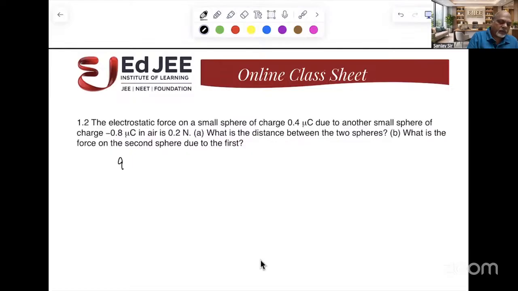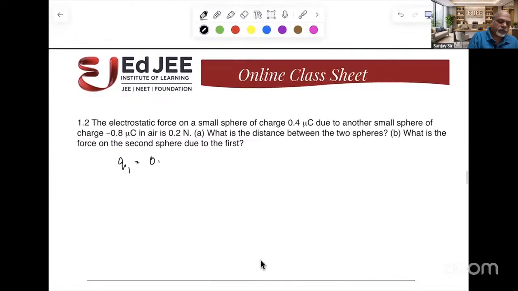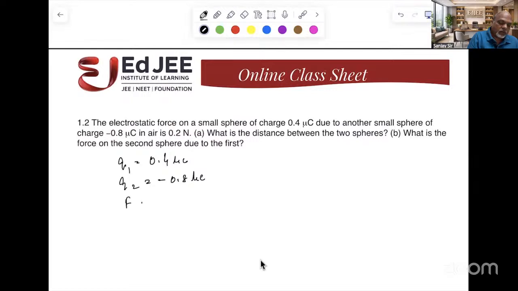So here basically you have been given Q1, Q2, then force is also given.